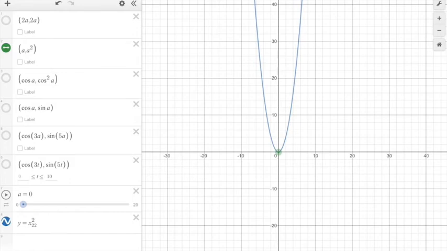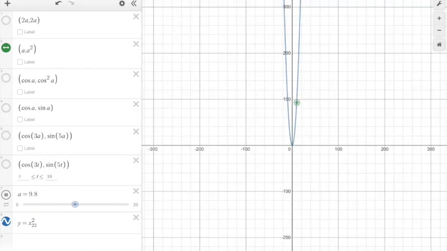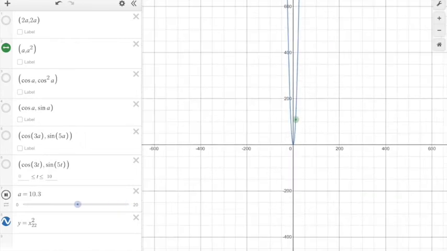But let's see how the parametric equation gives you the motion. When a equals 0, it's at 0, 0. You see that motion here? When you put it backwards, actually, you can see even more, because the square grows really fast.